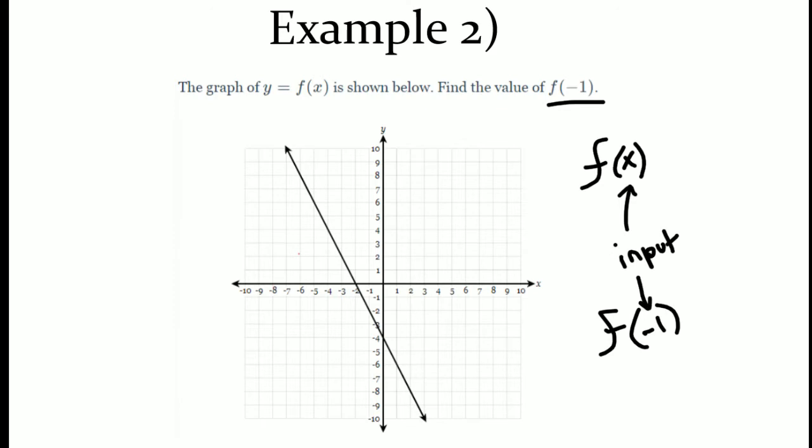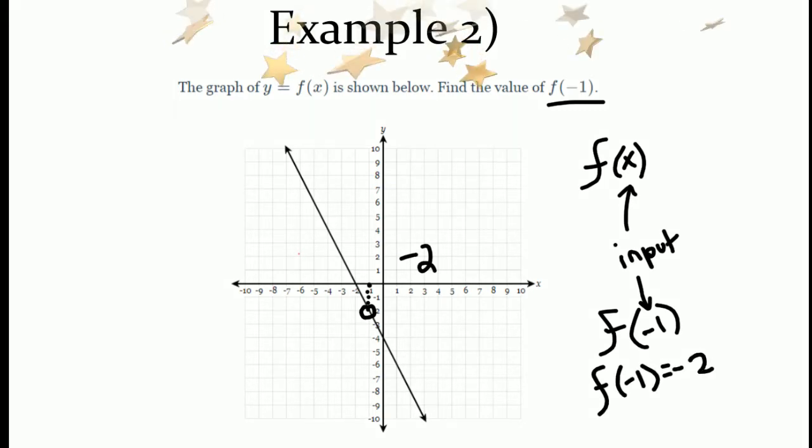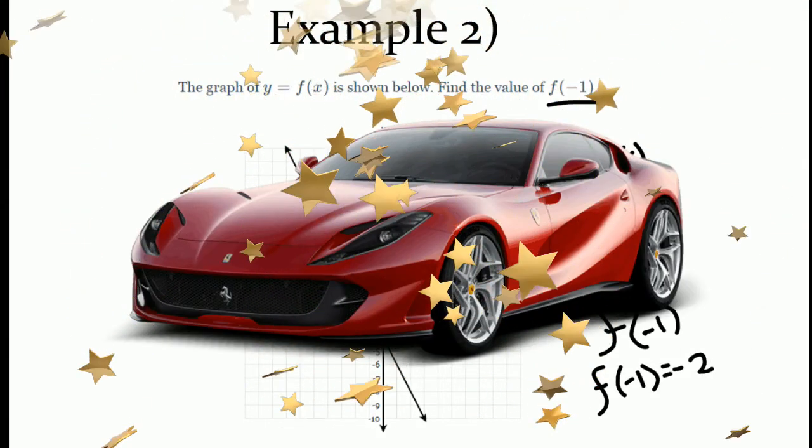If -1 is my input, my x value, then what is my output? That would be the y value at that particular point on the graph. So if we put in -1, we get out -2. So f of -1 is equal to -2. All right, we're cruising. Let's keep going.